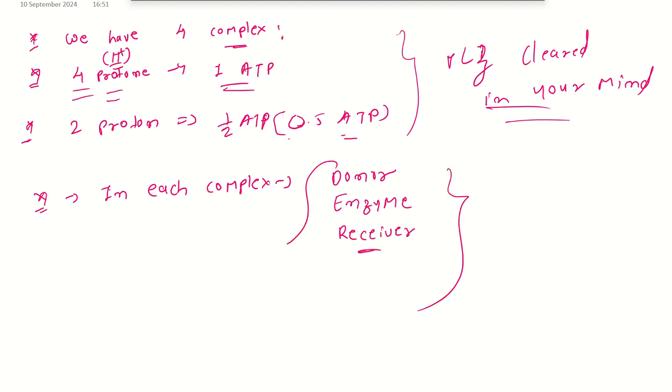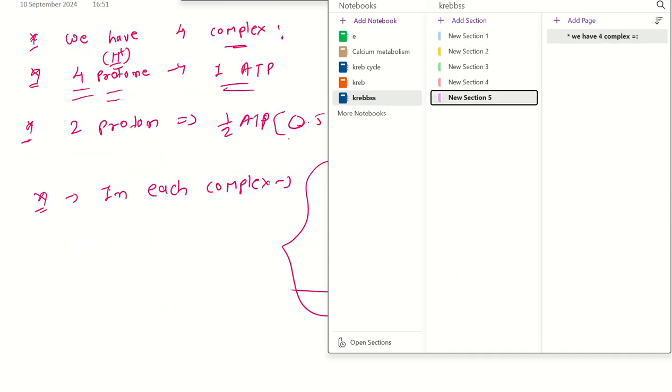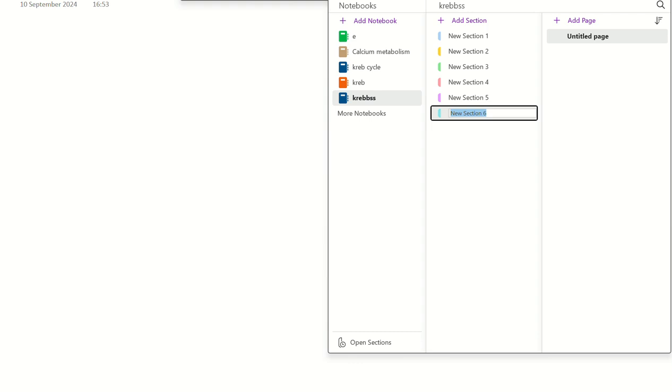We only have to remember this: who donates, through which enzyme, and who receives. Only these things in these four steps. So now I am starting with complex 1.